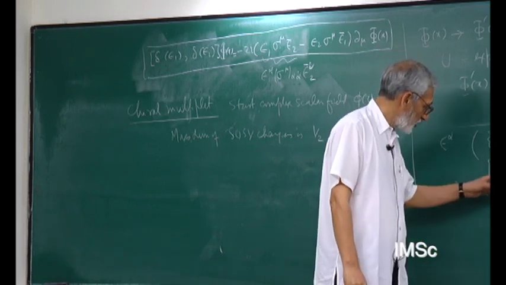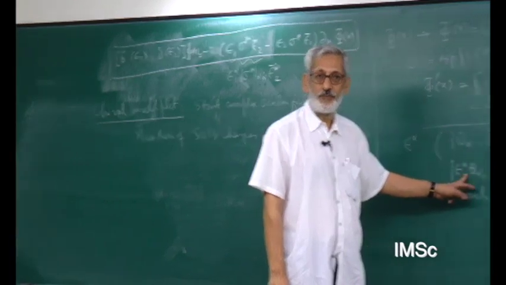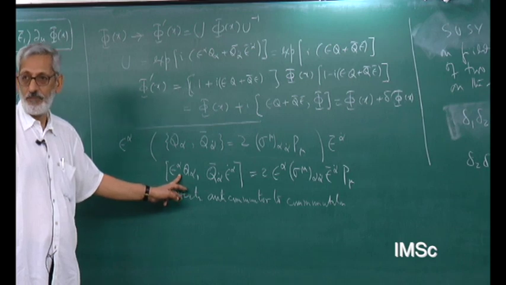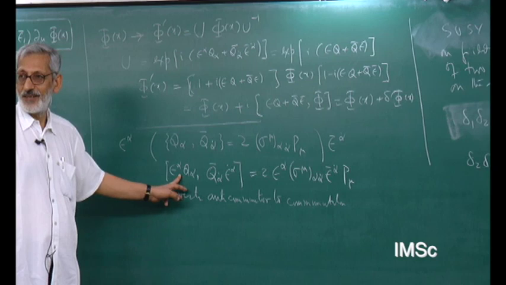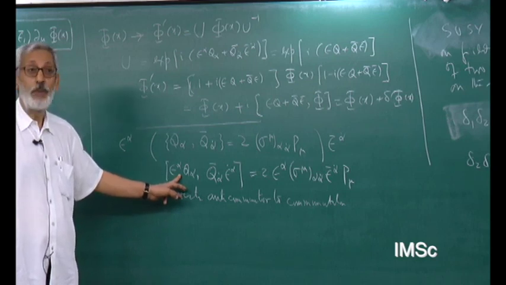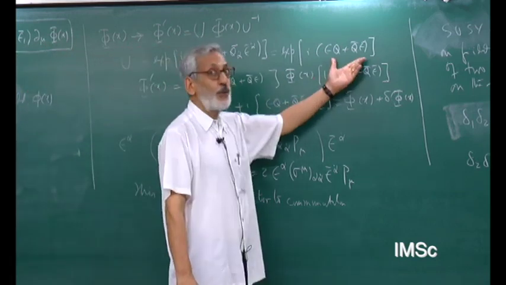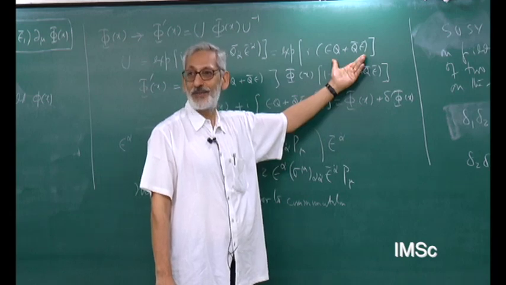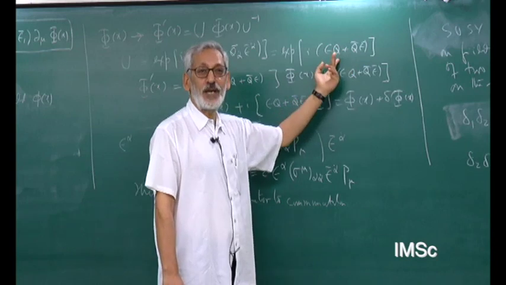Can anybody tell me what should be the mass dimension of these transformation parameters? Second chance. Minus half. This object has to be dimensionless. It's an exponential of something, exponential i. So if Q is half, epsilon is minus half.